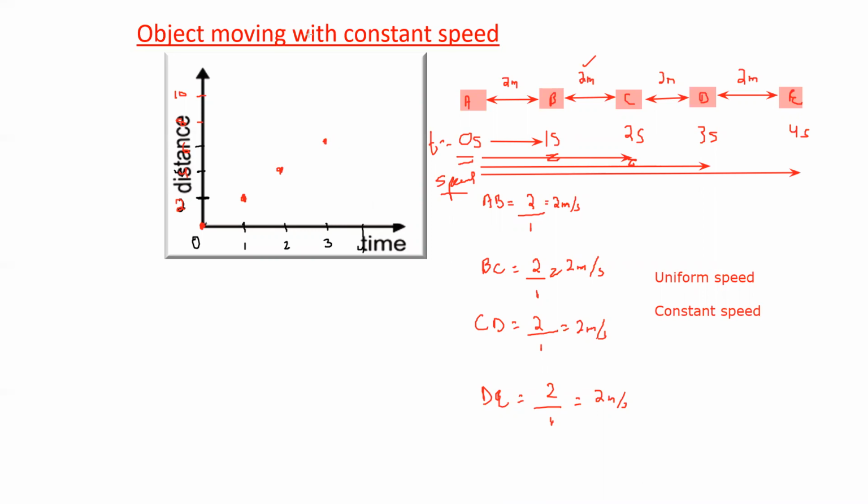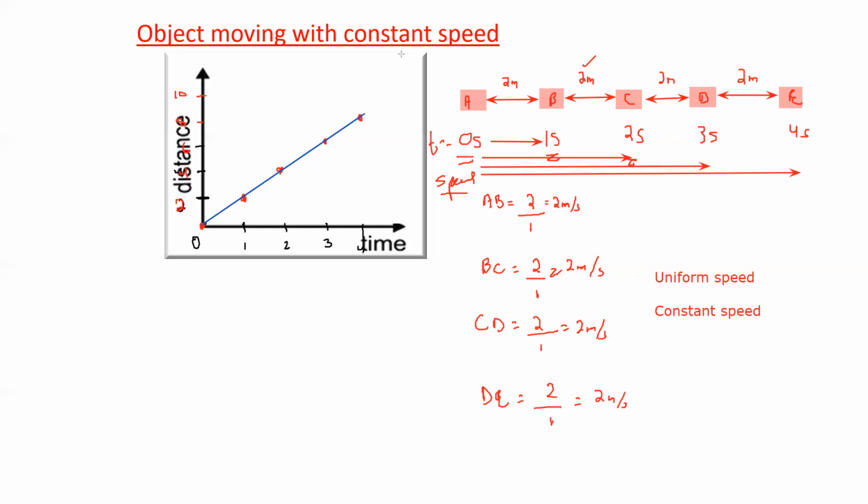So when you join these points, how does it appear? It will appear that these points are coming in a straight line. So when we join these points and draw a line through them, we have a graph in this manner which shows this object is moving with a constant speed. So whenever an object is moving with a constant speed, you will get a straight line of constant gradient or constant slope.